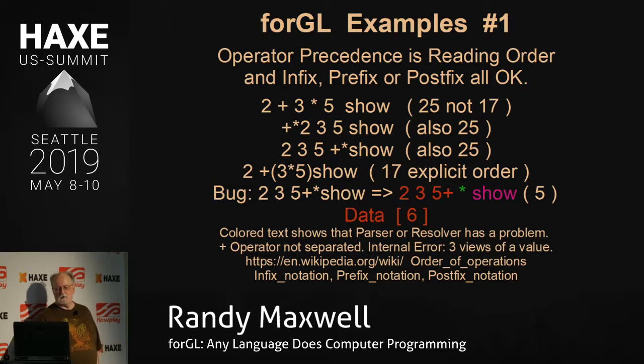If you actually parse it out, because the plus didn't get used as an operator, all it did was a multiply. And because it's in read order, you read from left to right, as the beginning of the slide says. So it took the 2 and the 3 and multiplied them. That's on the data stack. And the 5 just sat there. And so when it actually shows something, it will show the number 5, which is totally incorrect.